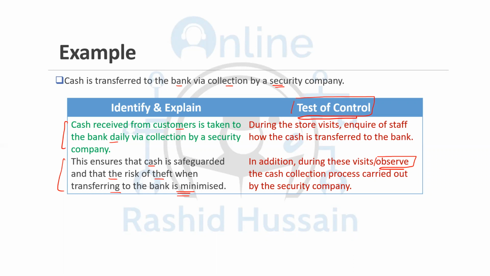If they're claiming that we check the quantity of the goods before accepting them from the supplier, then observe this process where they're counting at the spot. So a test of control is checking the client's activity, whatever they are claiming. But in the weakness question, the efficiency question, the examiner asks you, first of all, to assume their system is operating effectively, and then go for the test of control.